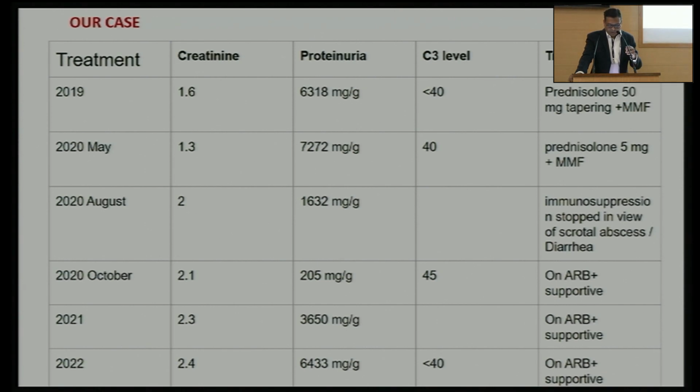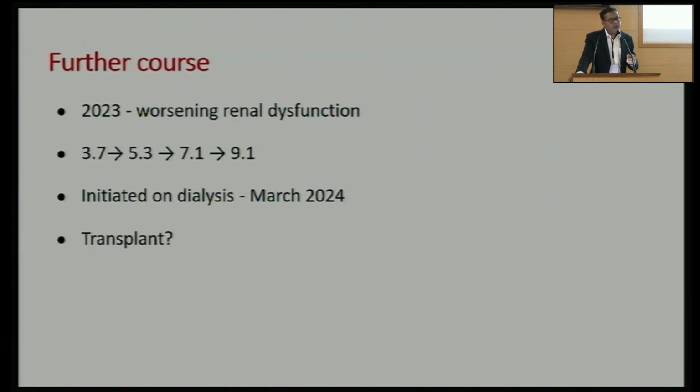But after 1 year he started developing infections despite tapering of steroids, and the patient was maintained on low doses of MMF, which then had to be discontinued. He was maintained on conservative therapy, ACE inhibitor and ARBs, and then proteinuria gradually started increasing, and he had a rapid worsening in 2023 and was initiated on dialysis in March 24.